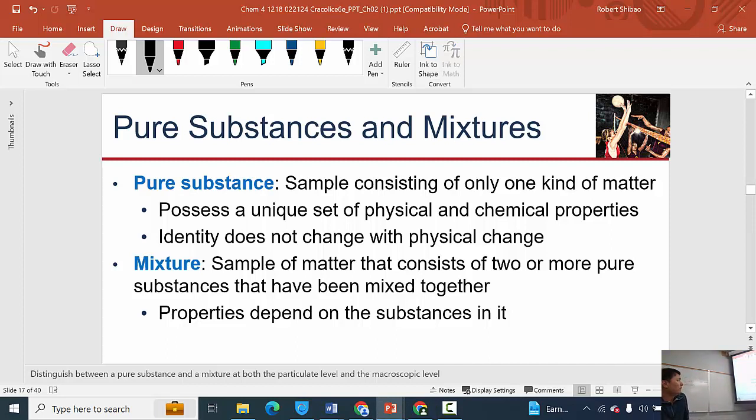All right, so we're going to talk about pure substances and mixtures. When we look at matter, we can subdivide it into substances and mixtures. Substances are pure, and so a lot of people just say substance.